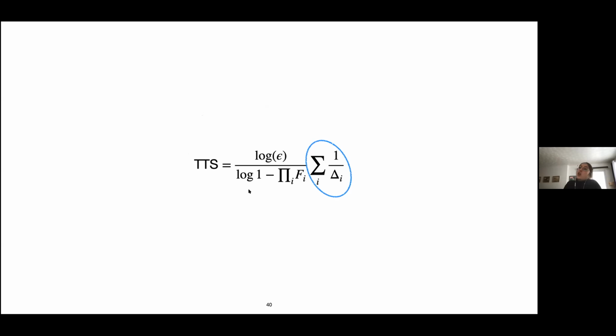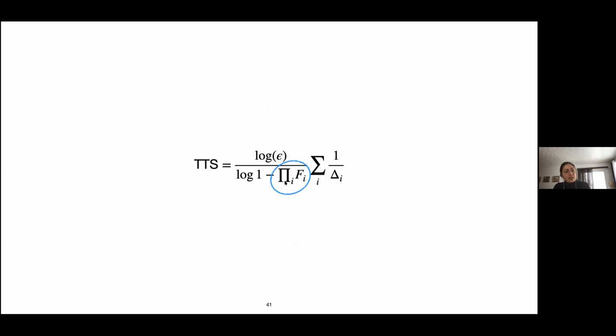And here we have a scaling that has an explicit term in 1 over the gap. So we could be tempted to think that it is faster than the adiabatic schedule, but it's not necessarily the case, because we have some kind of hidden term that depends on the gap in this term here.